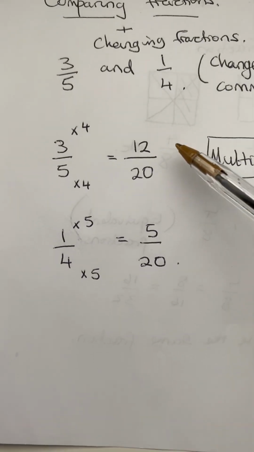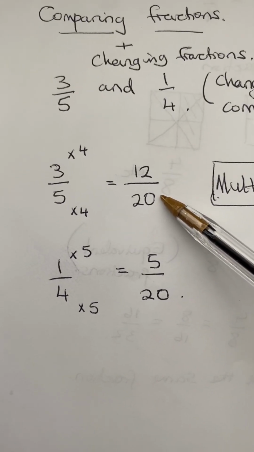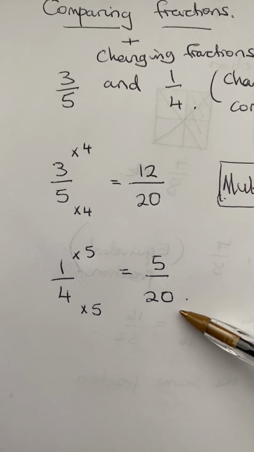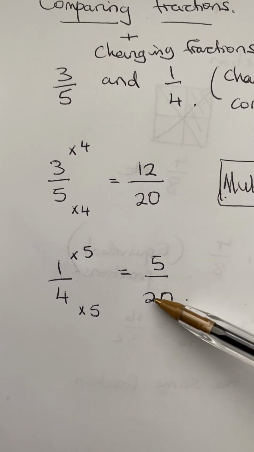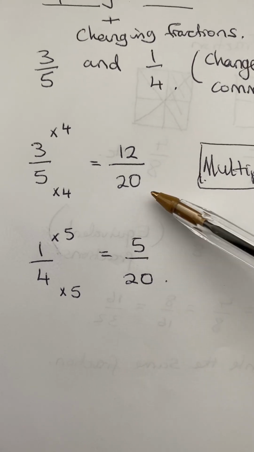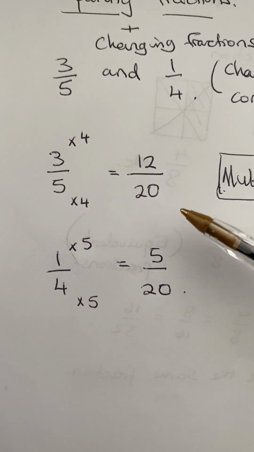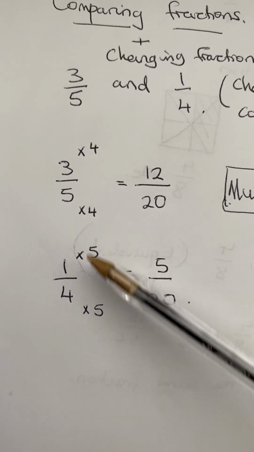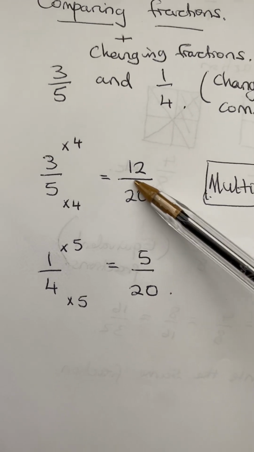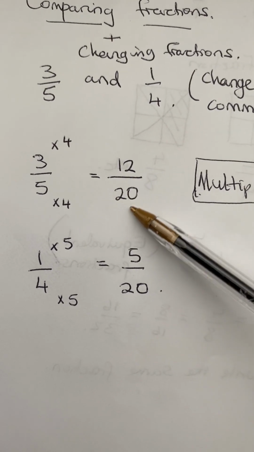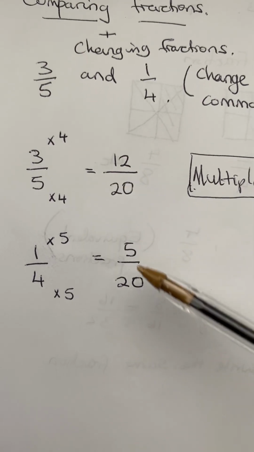This is very good if we want to add fractions as well, because we'll have to find the same denominators, which we'll have a look at tomorrow. Okay, we'll have to look for multiples of both fractions so that we can change them to the same denominators.